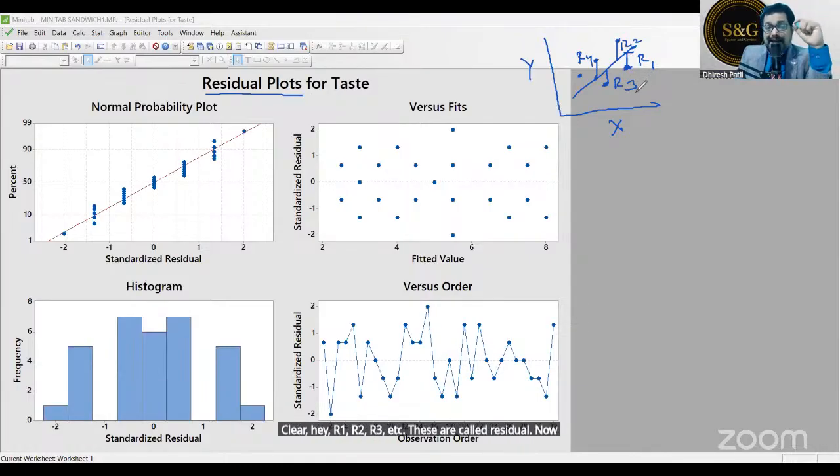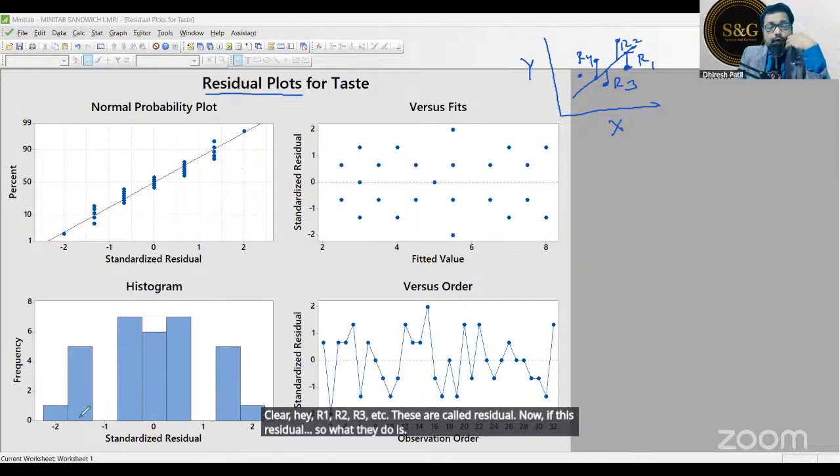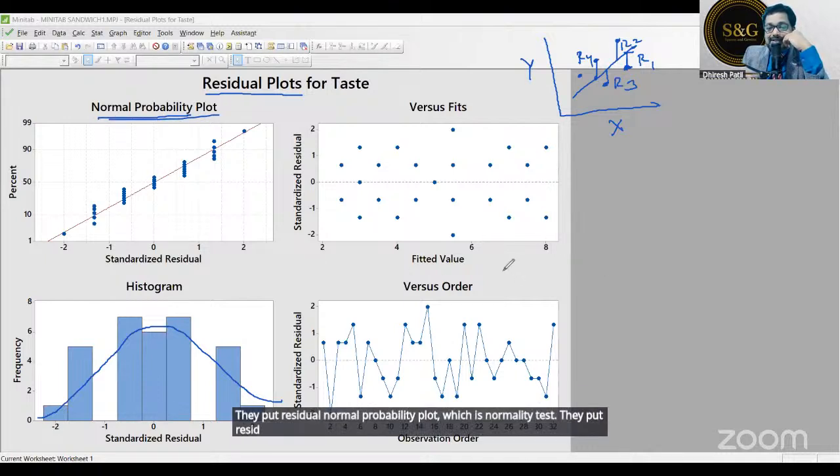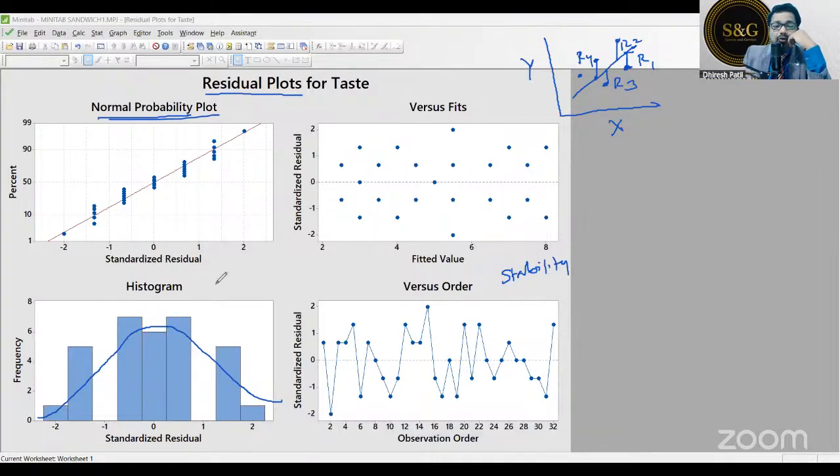Now, what they do is they put residual histogram. They put residual normal probability plot, which is normality test. They put residual stability. This is stability. And this is normality.